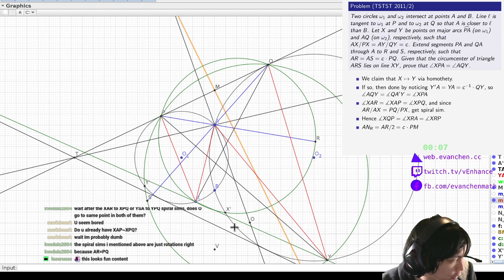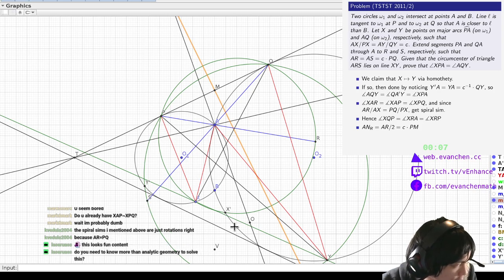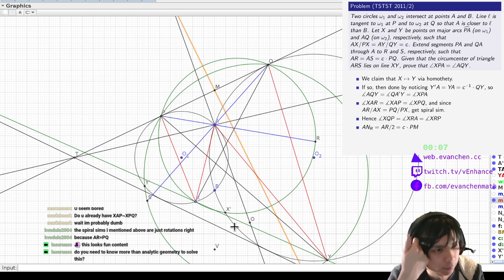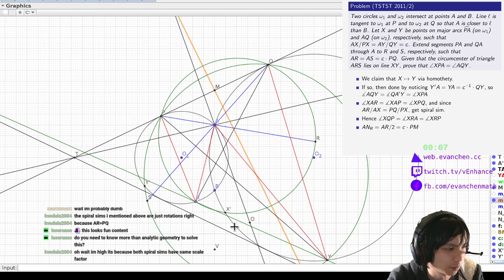This looks fun. Yeah, but I'm really getting destroyed here. Do you need to know more than analytic geometry to solve this? What does more than mean?